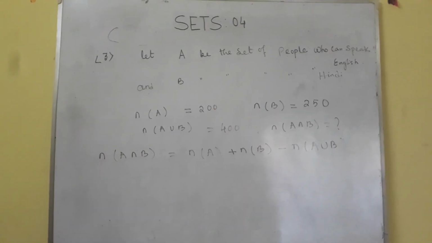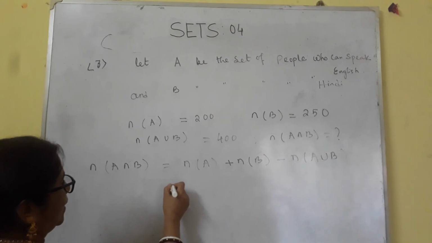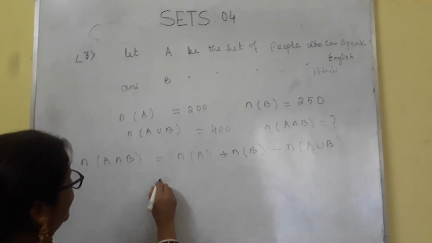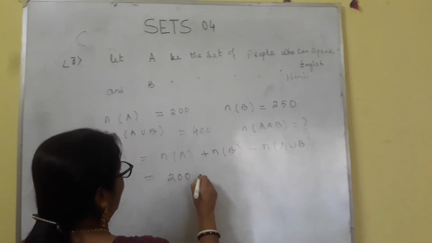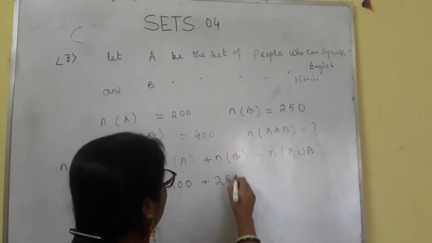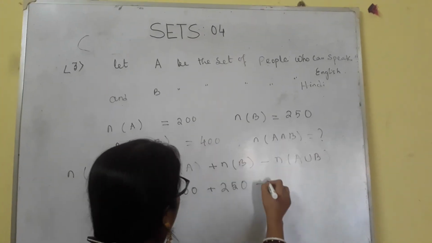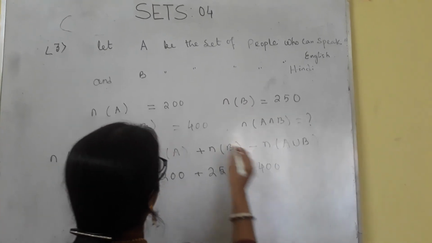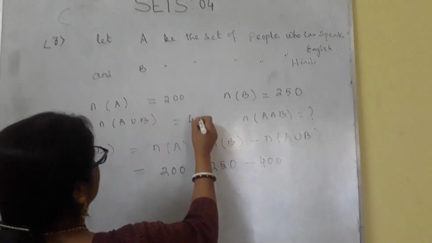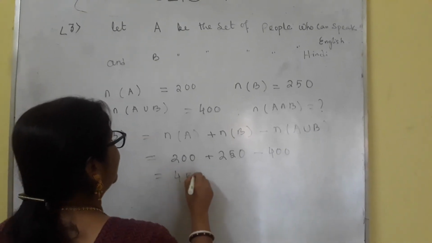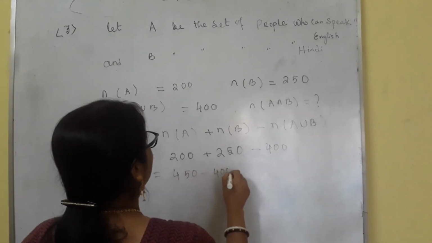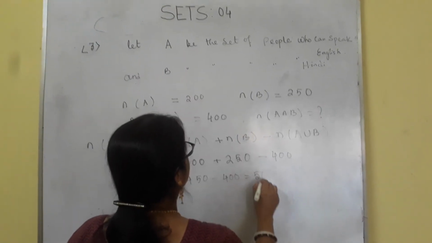Now substitute the values directly. Value of n(A) we got 200, plus 250, minus 400. Simplify: 450 minus 400 equals 50.